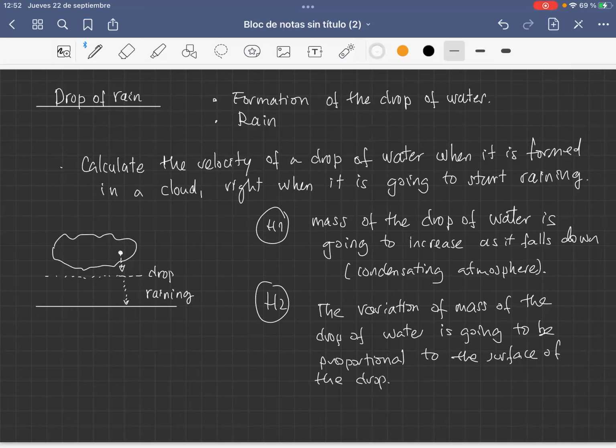And by the way, we're going to suppose that this drop is going to be a sphere. So the surface will be that one of the sphere. So our drop is going to be spherical.